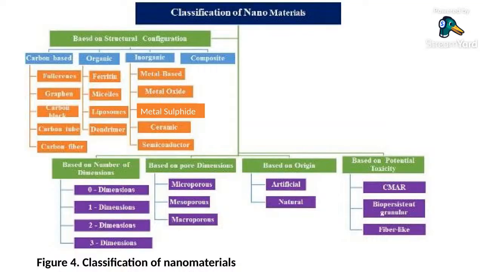These are examples of natural nanomaterials. Other than natural materials are the artificial nanomaterials, which are produced by humans. Currently, we are producing artificial nanomaterials. Then based on potential toxicity, there are different types of nanomaterials, such as biopersistent, granular, and fiber-like. These are the classifications based on potential toxicity.